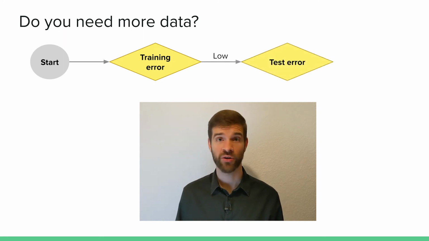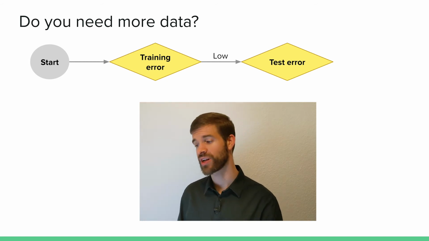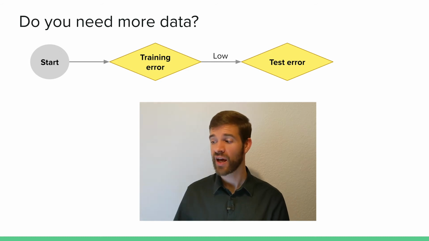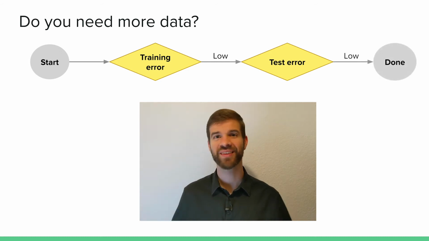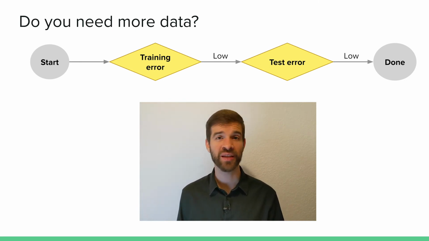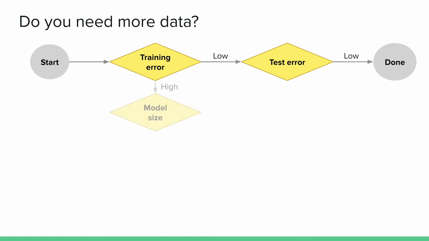When your training error is low, well, you go to the next step, do the hyperparameter optimization and testing. Ideally, if you found a good set of hyperparameters, if the test error is low, well, congratulations, you're done. You found a good model that works well on your data. It doesn't necessarily mean that it works well on all of the data, but at least on the data that you have collected and showed to the network.